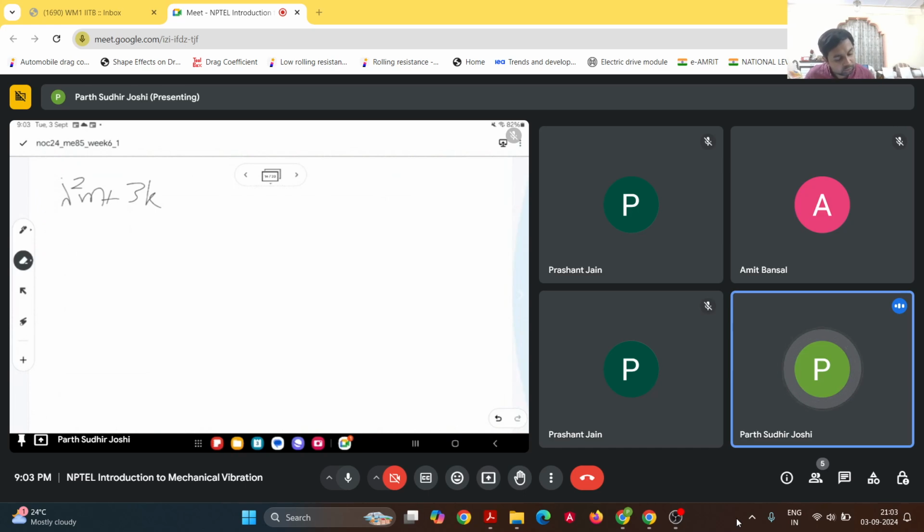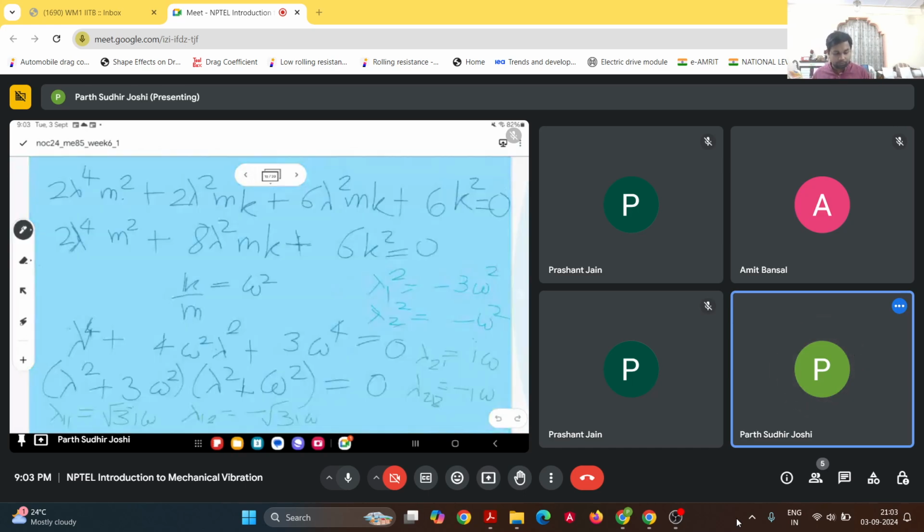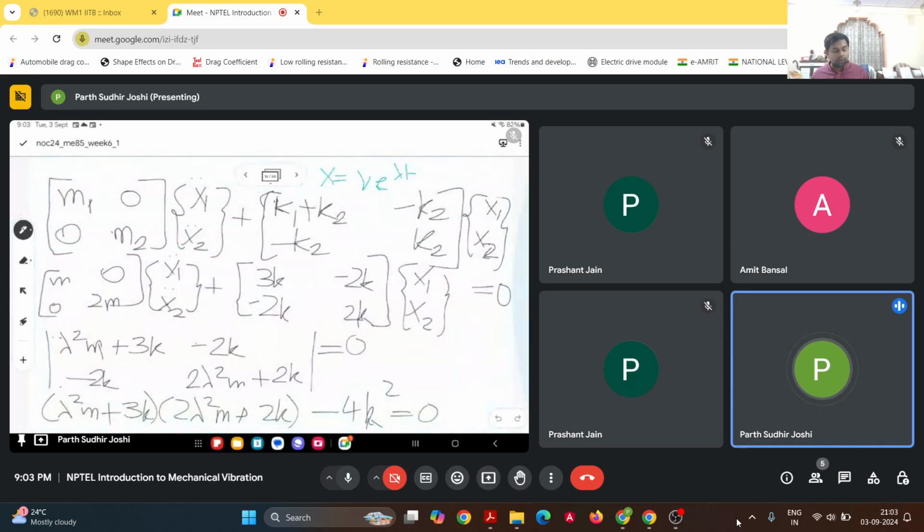So let us just use the first differential equation to derive the eigenvector.